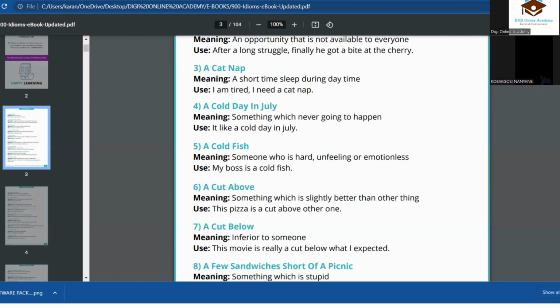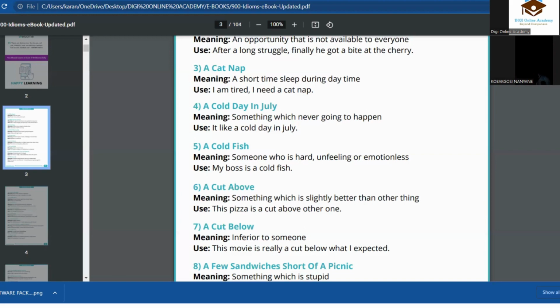Do you have anyone, any friend, relative, colleague? If you find someone who is hard to handle, who has no feelings, no emotions, you can call them a cold fish.